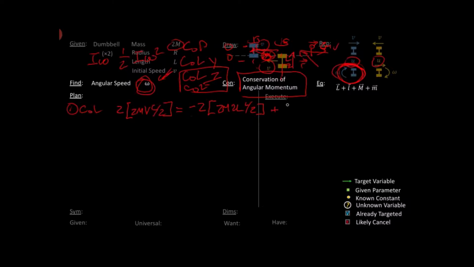Those also have 2 of those, and they have to be the same direction as this because it's conserved, right? So if we've got this positive, this negative, this better be positive so that it can take up the slack.